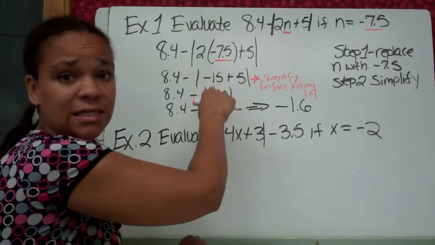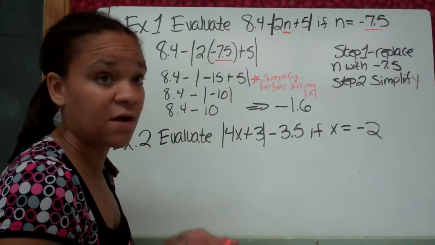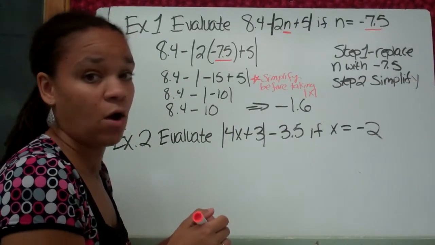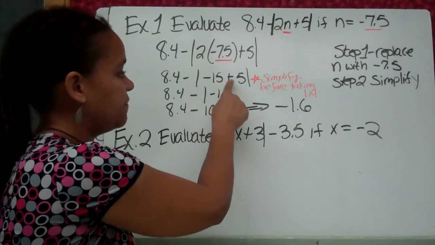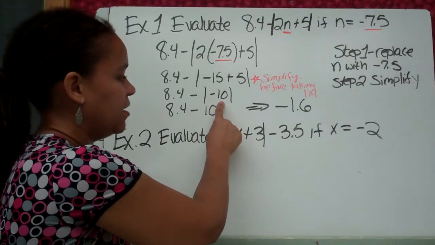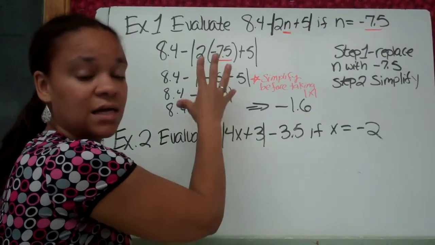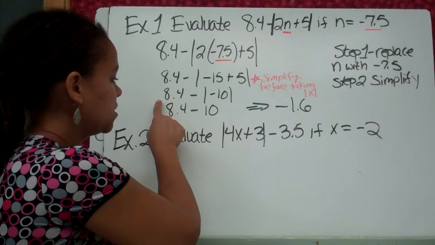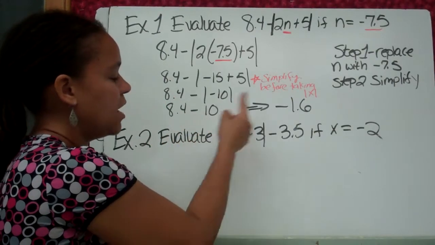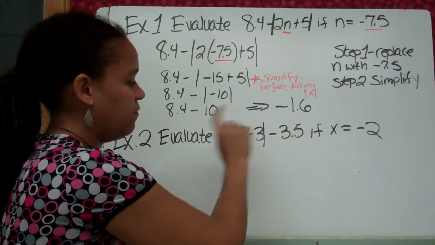So I don't want you to take this negative 15 and say, oh, it's inside the absolute value, let me make it positive. No, you need to simplify all the way down first. So negative 15 plus 5 is negative 10. Now we can take the absolute value and make that a positive 10. So 8.4 minus 10 would, of course, equal negative 1.6.